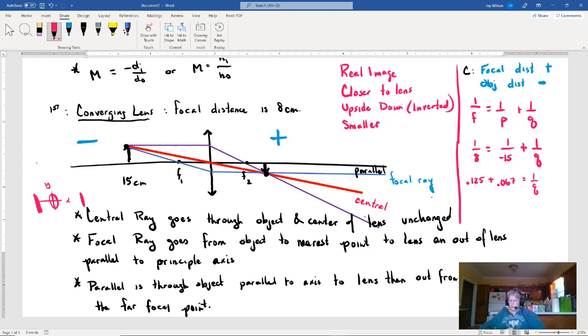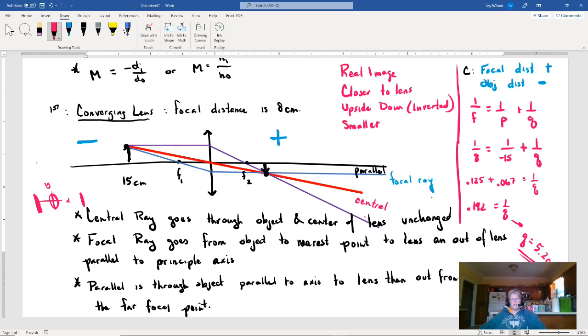And I get 0.192 equals 1 over Q. So Q equals the inverse of that. It's 5.2 centimeters, which is what we expected.